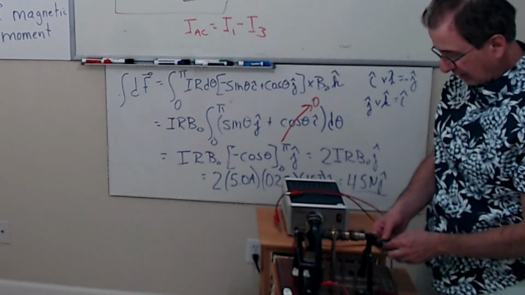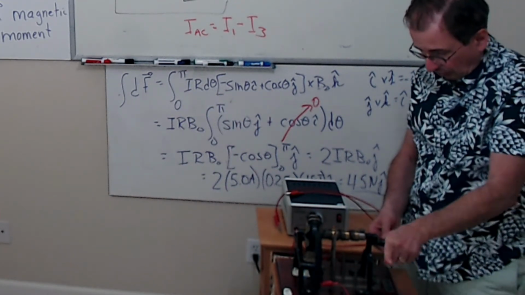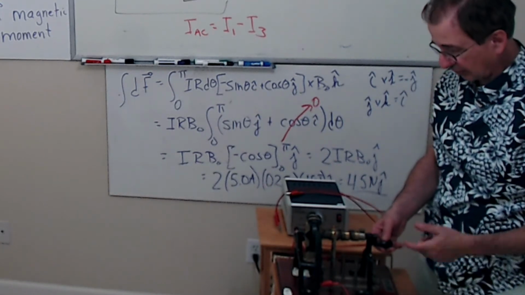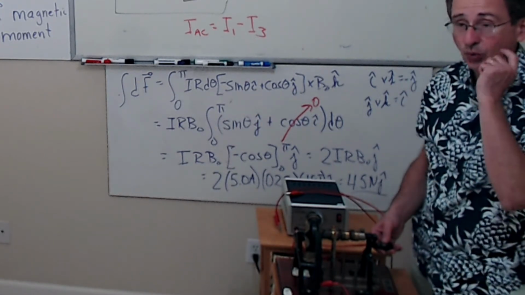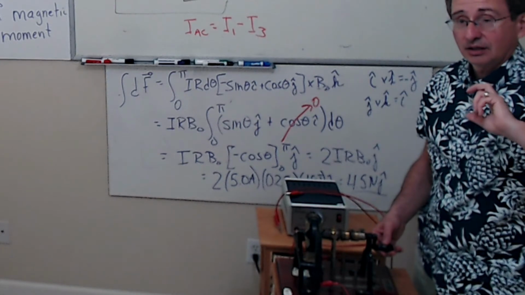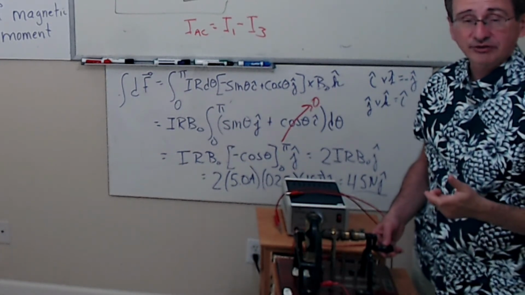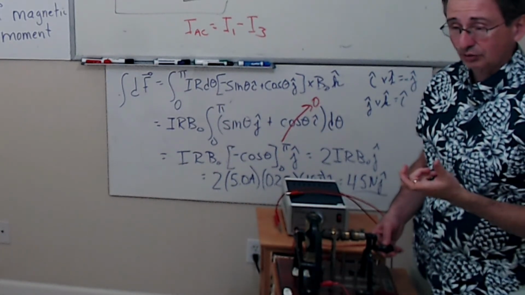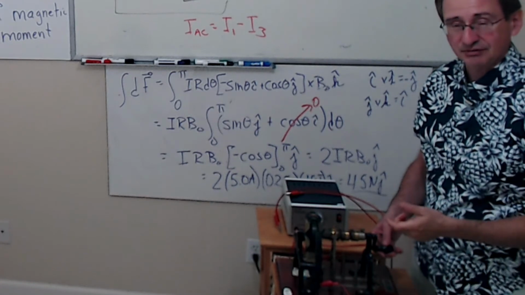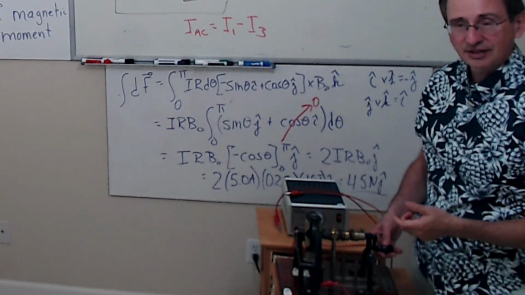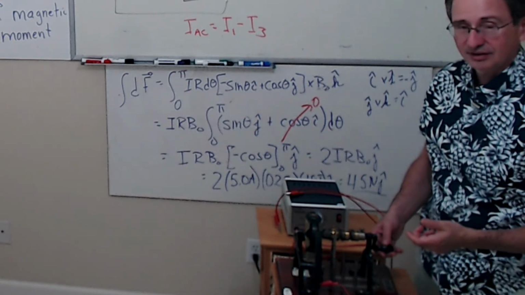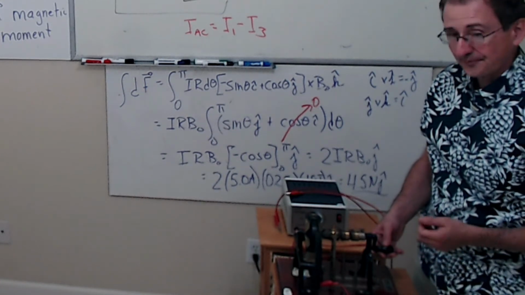When the loop is like this, where the normal to the loop points in the direction of the magnetic field, here the torque is 0. And this is where you reverse the direction of the current. You want to reverse the direction of the current when the torque is 0, not when the torque is maximized. Otherwise your motor isn't going to work.